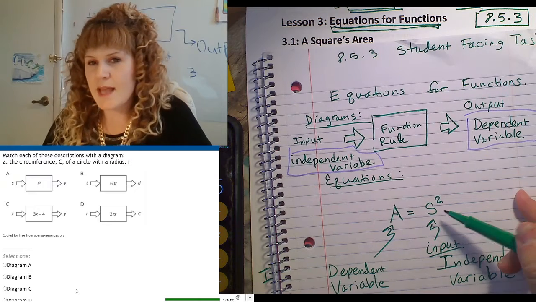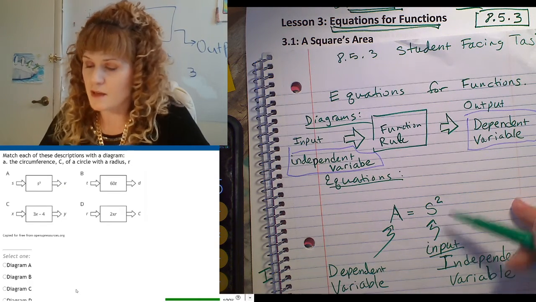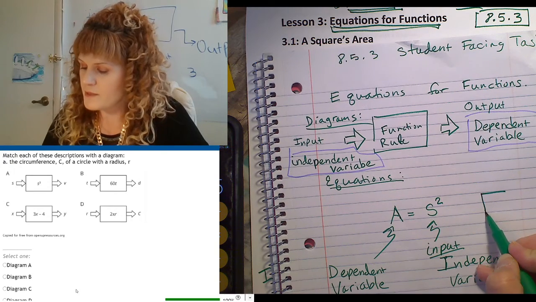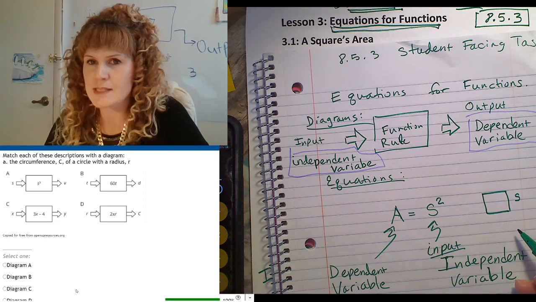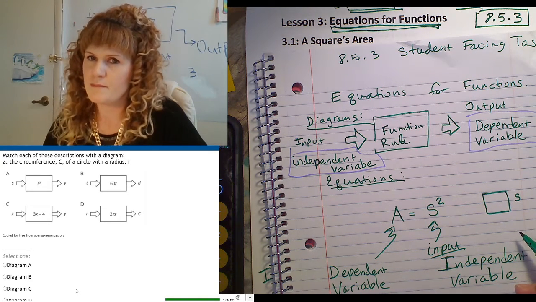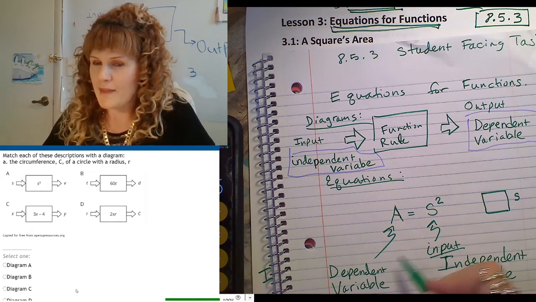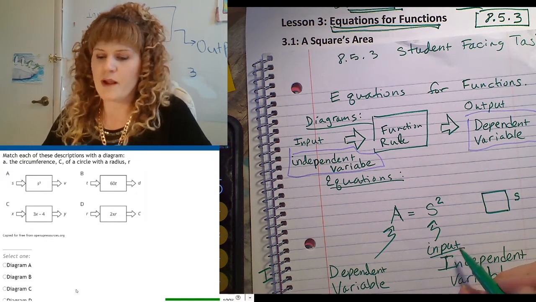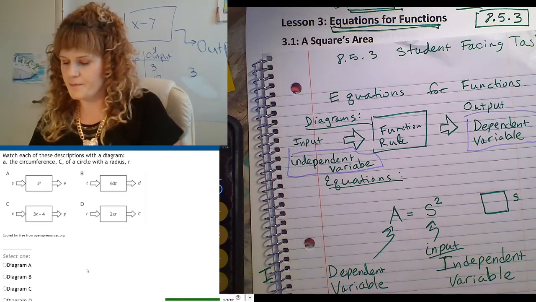The side length doesn't depend on anything. That's just the length of the square. The square has some side length, and we call it S. It doesn't depend on anything. It is independent of anything else. But the area of the square, that depends on the side length.